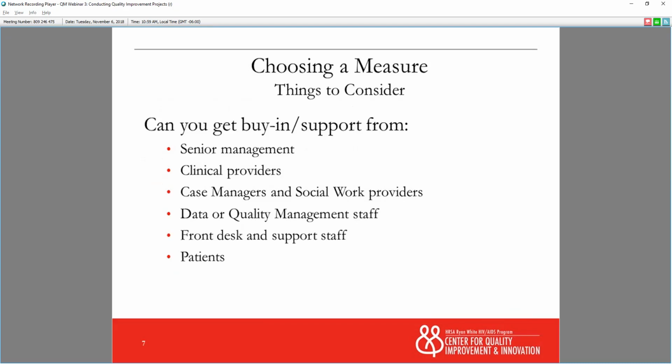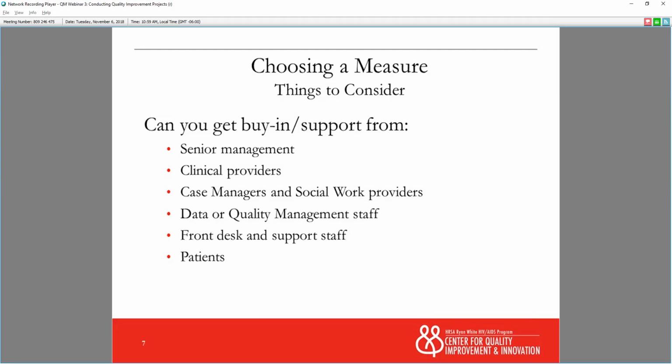But you can see here, when choosing a measure, some of the things you need to consider. And also, one of the things in the policy clarification notice is that they talk about having the measure be germane to the service category, which makes sense, right?